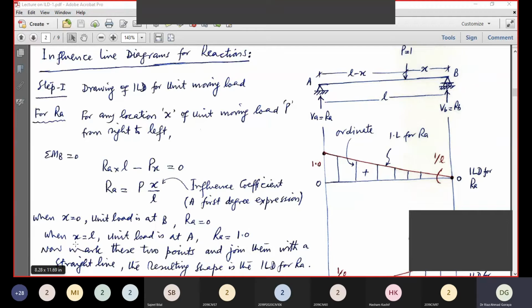Similarly, when x is equal to L, that means unit load is at A. RA is equal to 1 using the same equation. Now you have to mark these 2 points. ये दो dots आपको नजर आ रहे हैं, 0 and 1. Now you have to join these 2 points with a straight line.